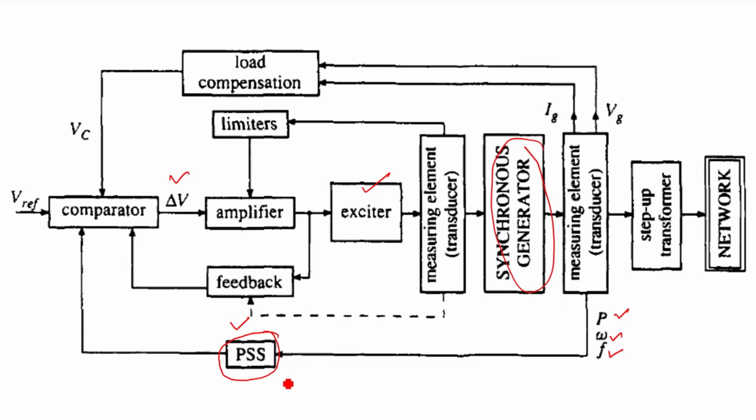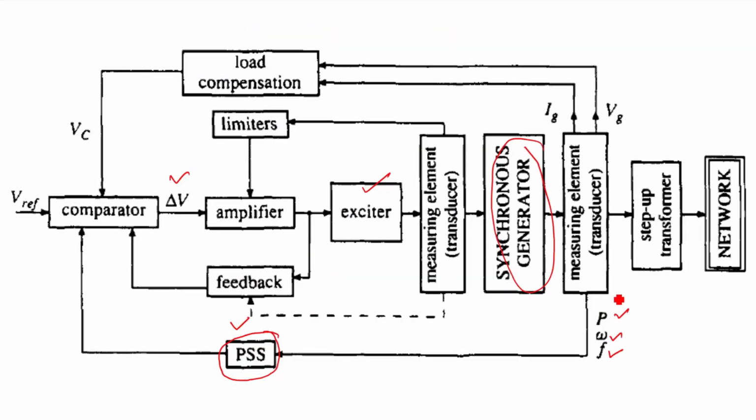These are fed to the PSS, and the PSS output is fed through the AVR to the exciter. So this is how the generator control action is initiated. These are the general block diagrams and general discussions.